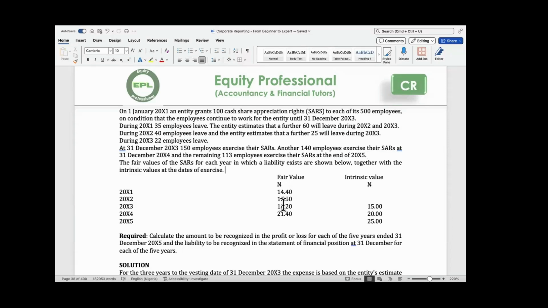So they give us fair value at the end of each year, and intrinsic value. Required: calculate the amount to be recognized in P&L for each of the 5 years ended 4th December 2005, and the liability to be recognized in the statement of financial position at 31st December for each of the 5 years.